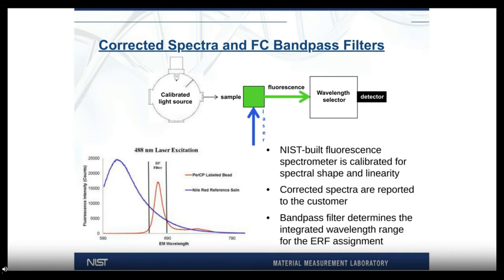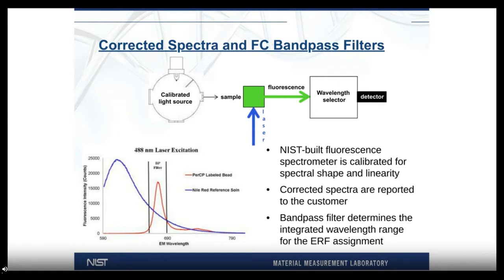So we're using a NIST home-built fluorescence spectrometer that's calibrated for spectral shape and linearity, which gives us corrected spectra for both the reference solution and the calibration bead. So there's an example shown in the graph here. We have Nile red as a reference fluorophore, and we have a PerCP labeled bead that we're assigning.